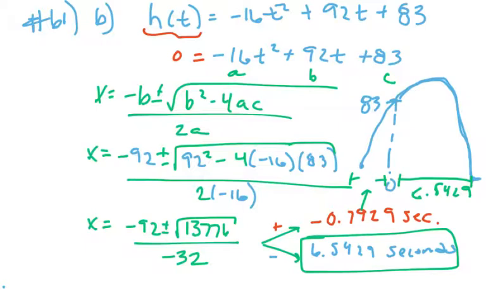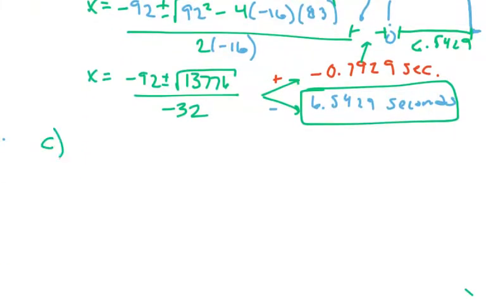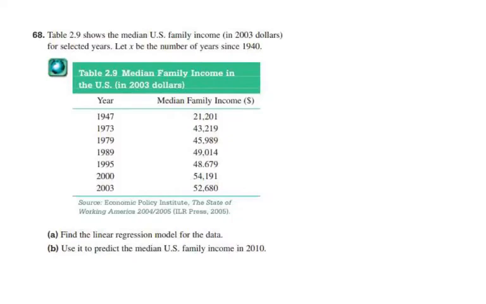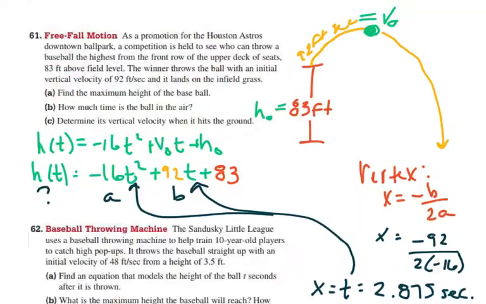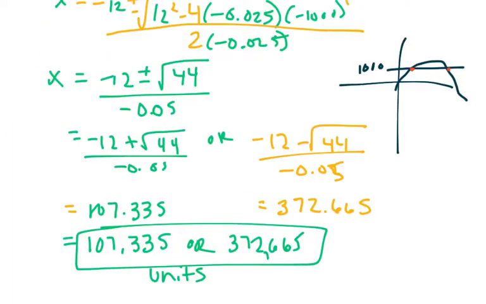Alright, so continuing on, part C. We didn't go over a problem like this in the notes, but part C is asking, now that you know how to do this, let's do it backwards. We're going to determine the vertical velocity when it hits the ground.